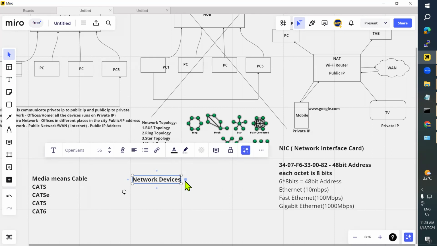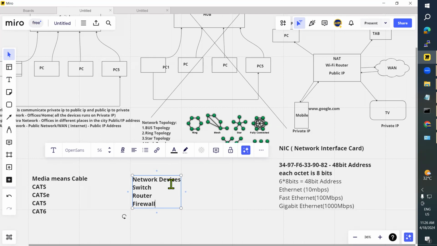These network devices are called switch, router, firewall, and hub. I'm not going to talk about hub because nowhere is hub being used. So these are the primary network devices. There are many network devices, but the basic ones are switch, router, firewall.